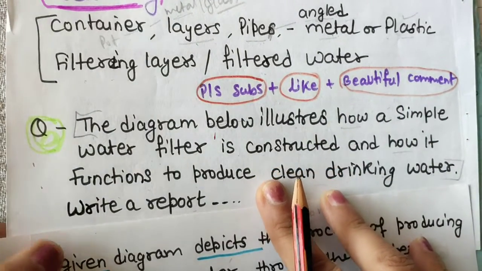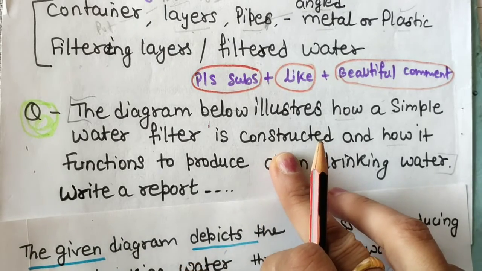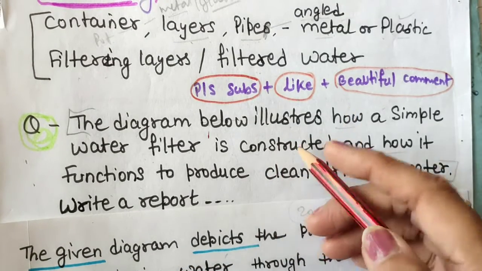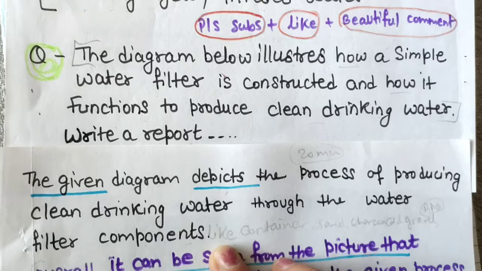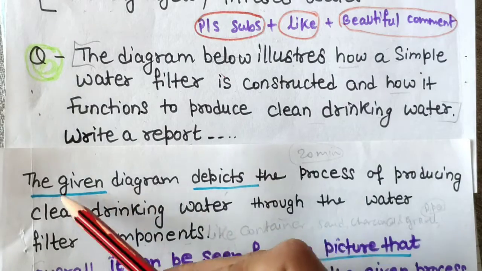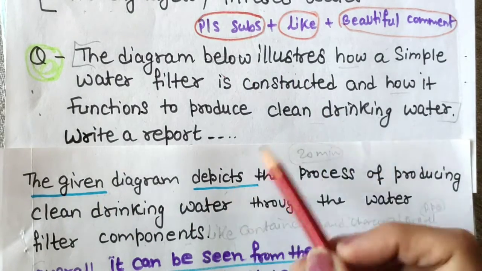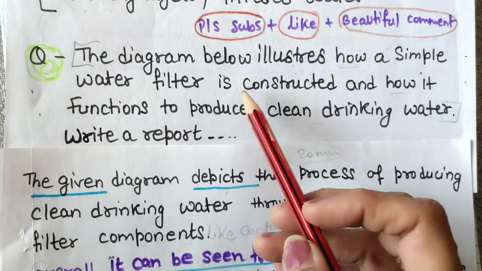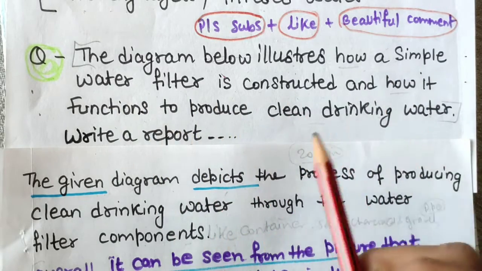This is the question statement, and this is how to write the introduction in Writing Task 1. That is important. You need to paraphrase the question statement. So what I have written now: instead of "the diagram below", I have written "the given diagram illustrates", "depicts how a simple water filter is constructed and how it functions to produce clean drinking water."